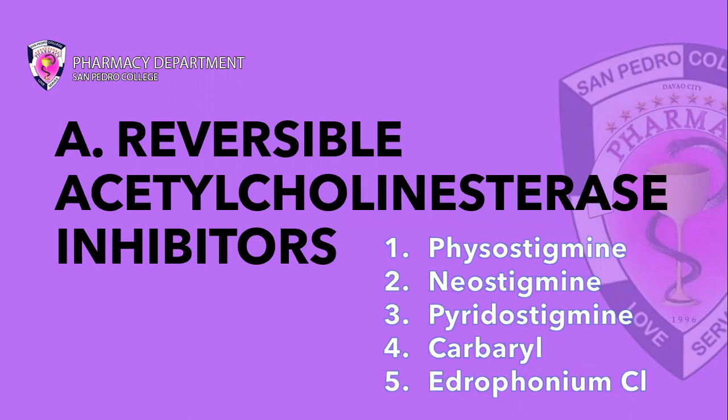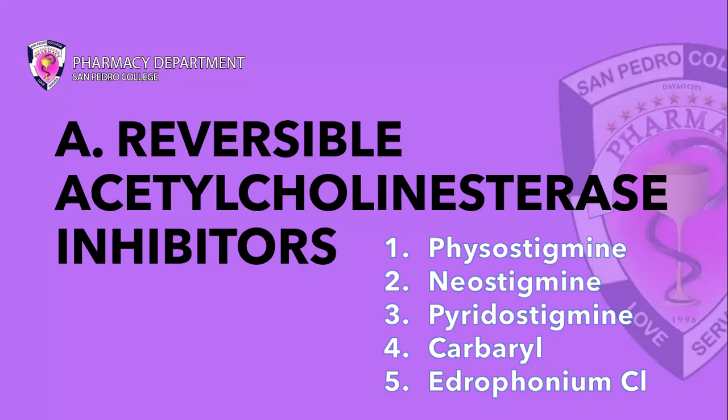From the name itself, reversible in a sense that the inhibition of acetylcholinesterase is not permanent. So it is for a certain period of time only. Unlike the irreversible, it would take more than 1 day for the inhibition of the acetylcholinesterase enzyme.